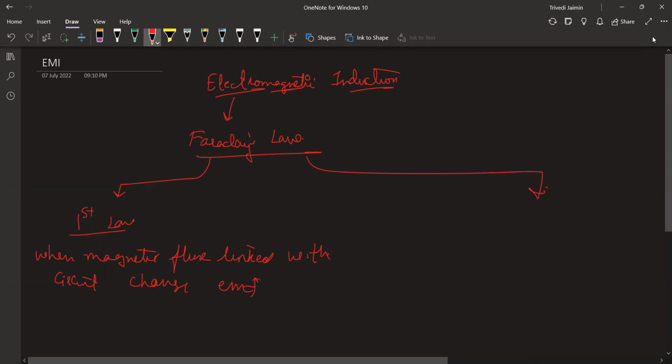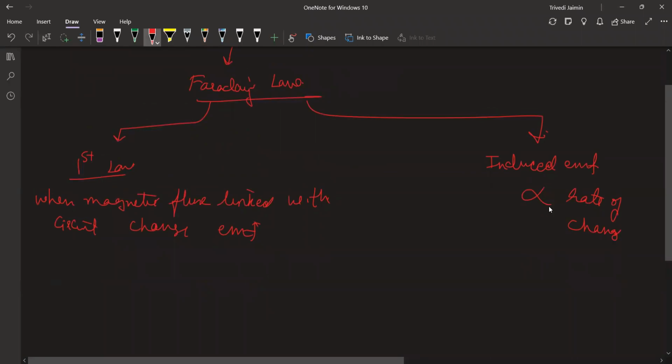Second law says what? Induced EMF is proportional to the rate of change. That is E equals minus d phi by dt.